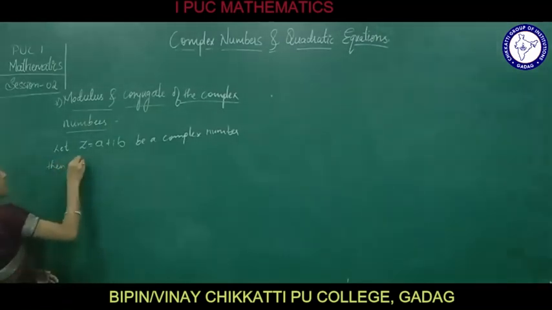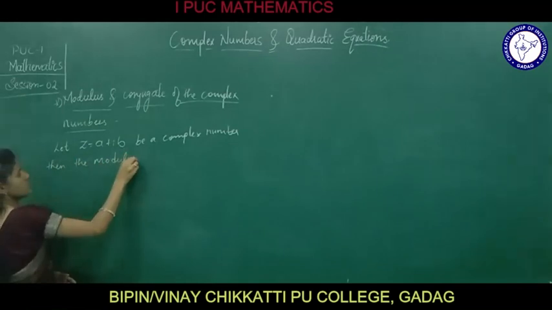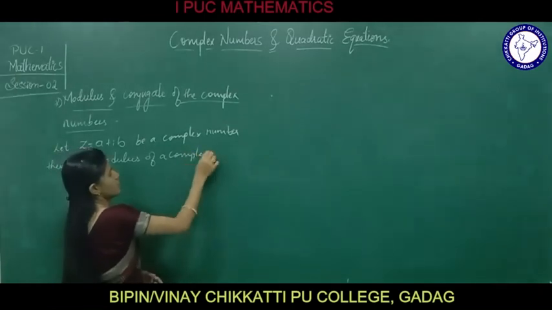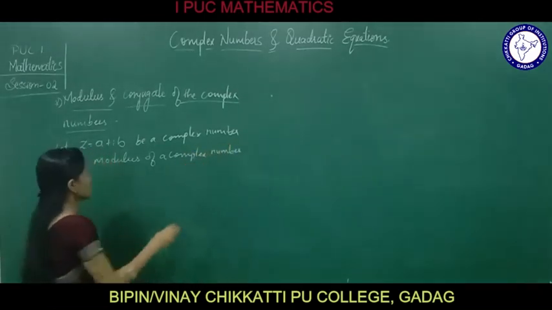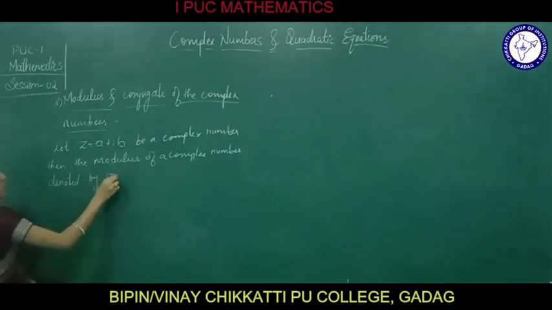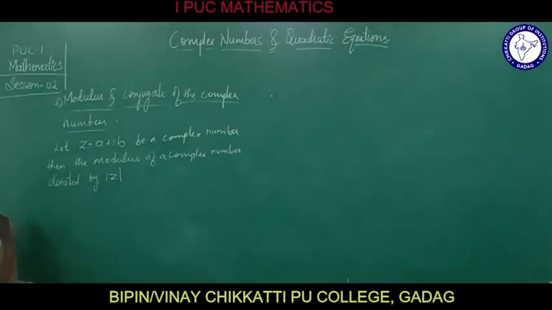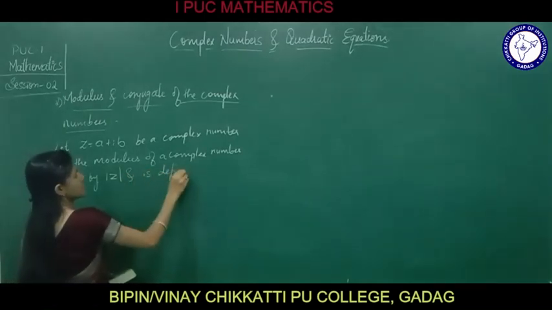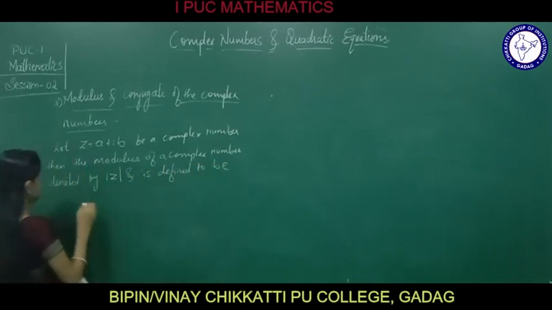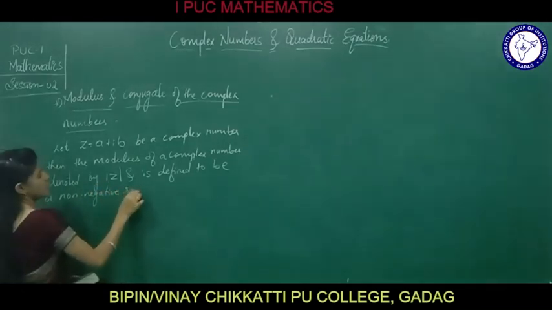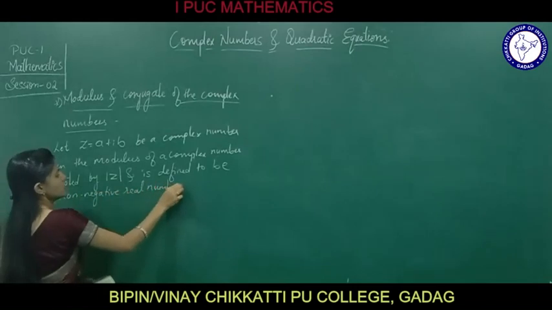Then the modulus of a complex number is denoted by mod z, and is defined to be a non-negative real number, in the sense of those real numbers which are not negative.